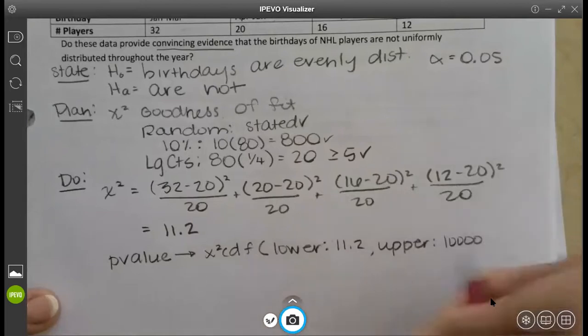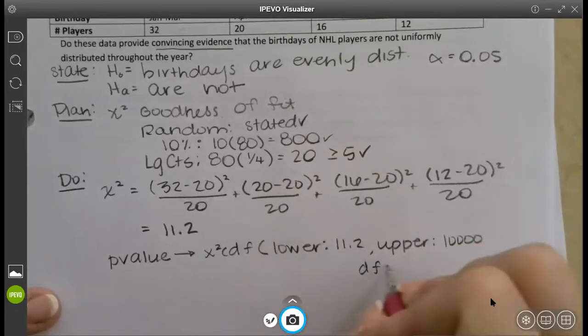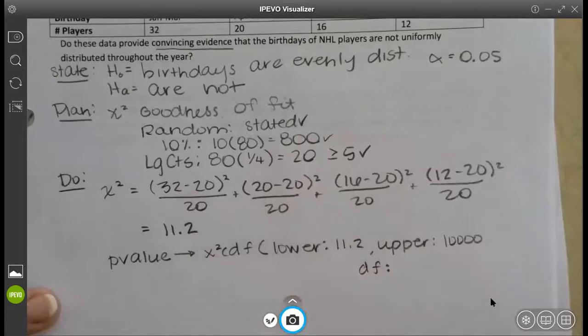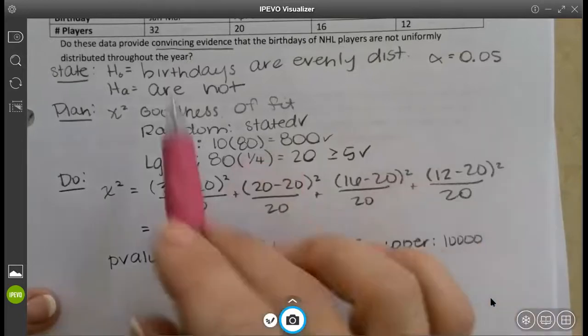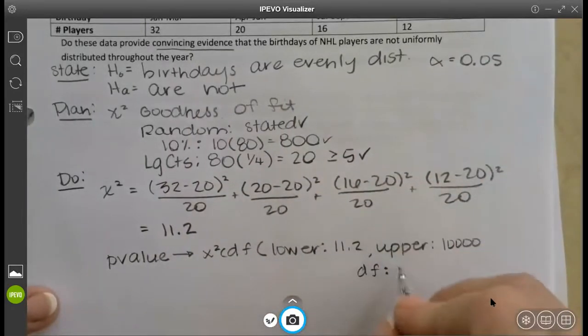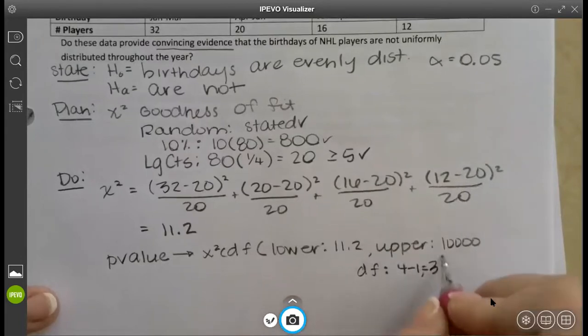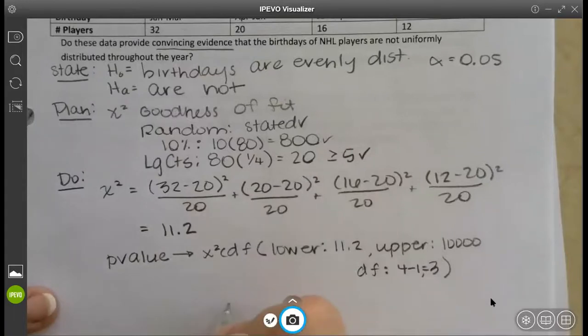Yeah, crazy number. And then I'm gonna put it down here so you guys can see it. The last thing that you're gonna put in there are your degrees of freedom. How many categories are there? 4 minus 1, which is 3. Okay. So I get that my p-value is 0.011.